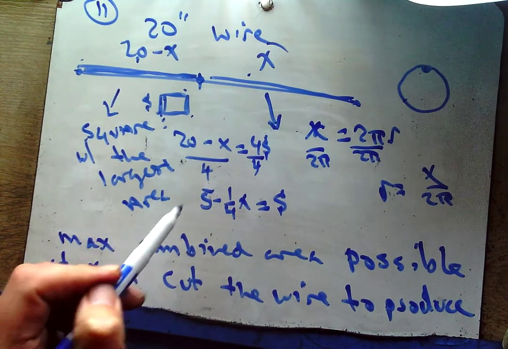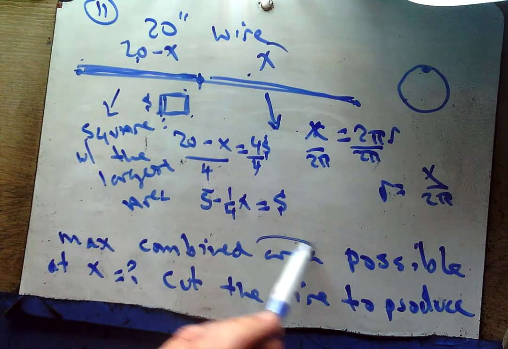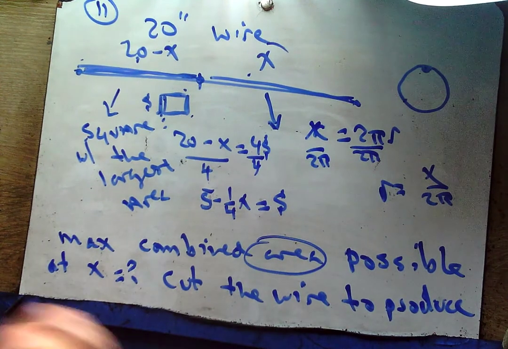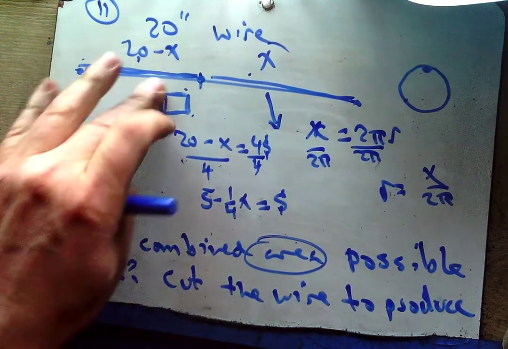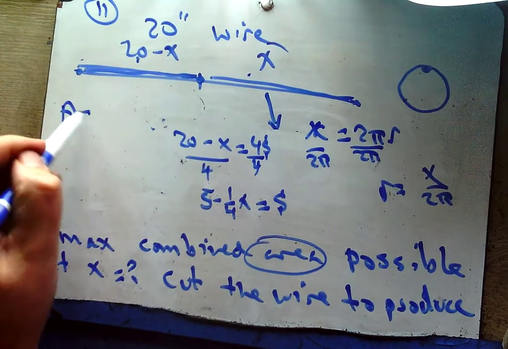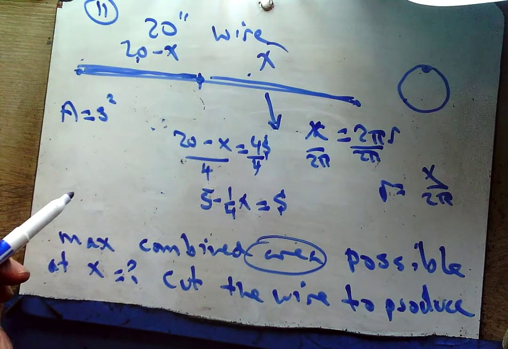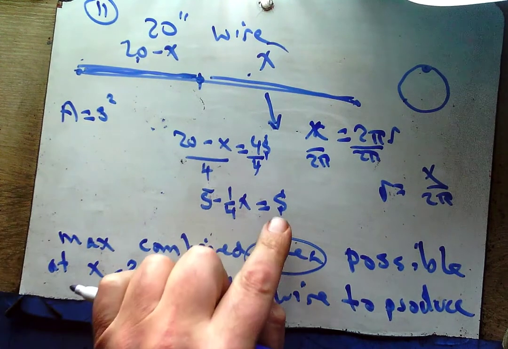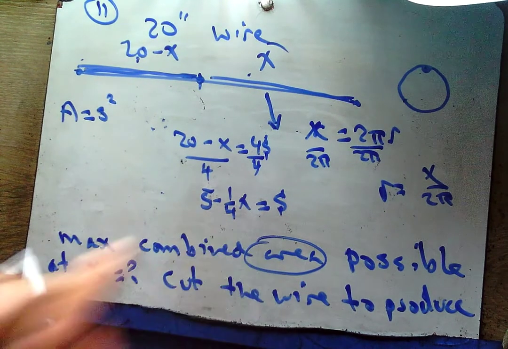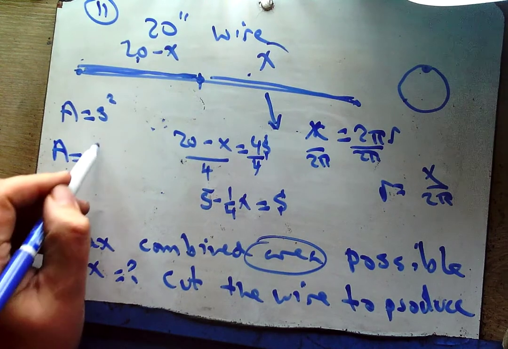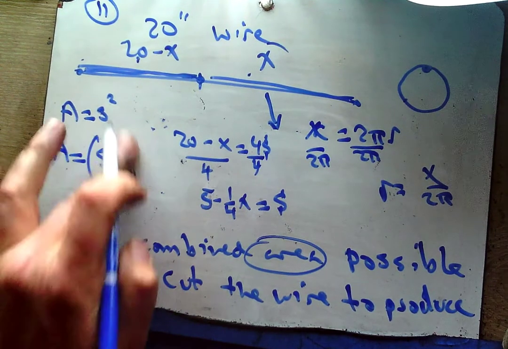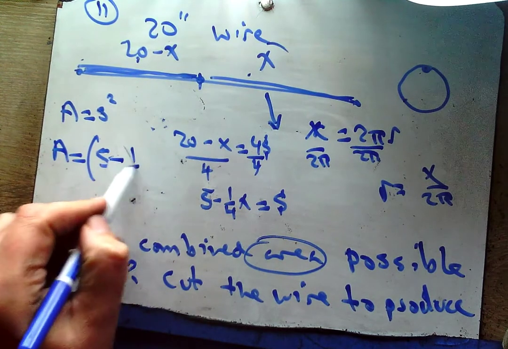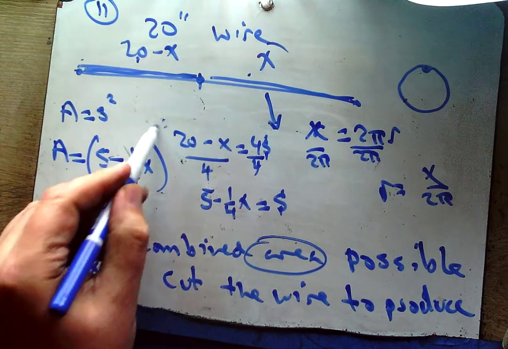Now, why did I want to do that? Because I'm trying to maximize area. The area for this shape is side squared. So side is 5 minus 1/4 x. Area equals 5 minus 1/4 x, squared.